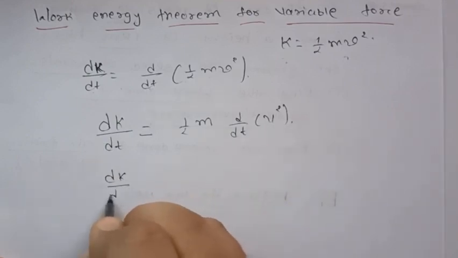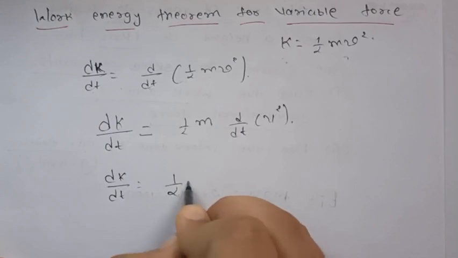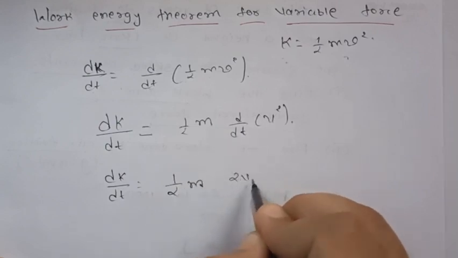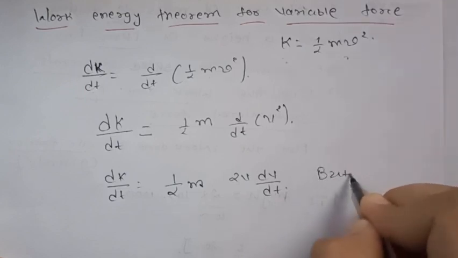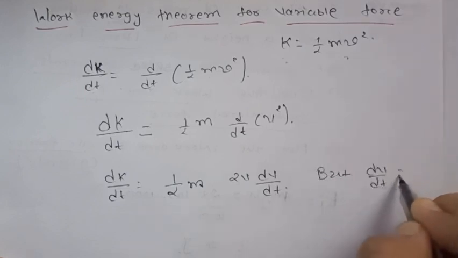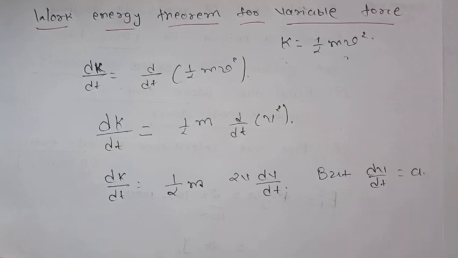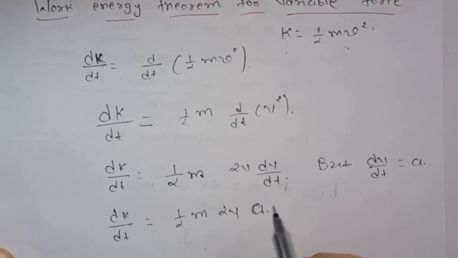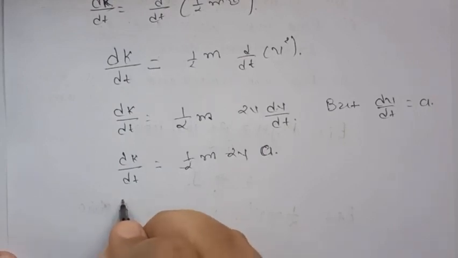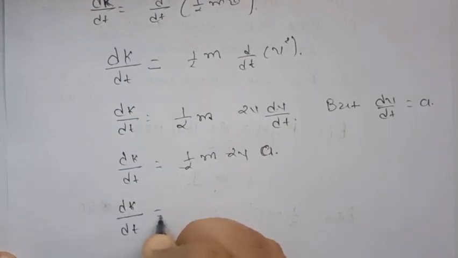So dK by dt will be equal to half m 2v dv by dt, but dv by dt is equal to acceleration. So we can write dK by dt is equal to half m 2v into acceleration. This 2 will get cancelled out, so dK by dt is equal to m a v.